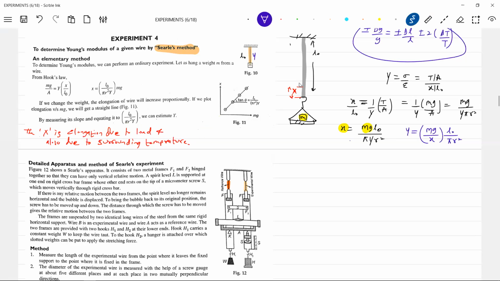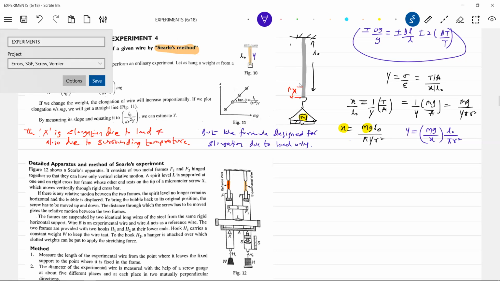Temperature, but we are substituting only, but the formula is designed for load only.